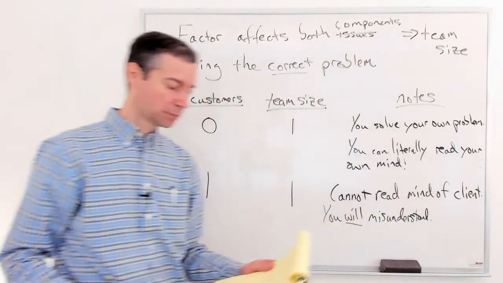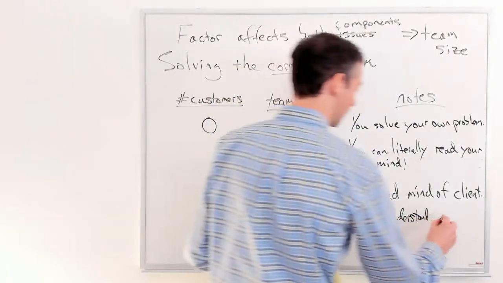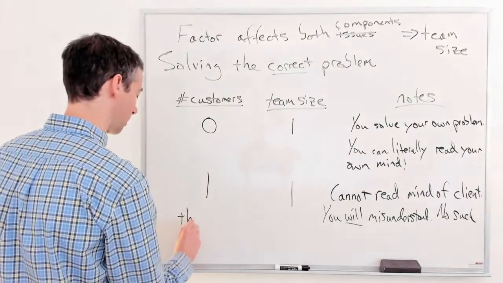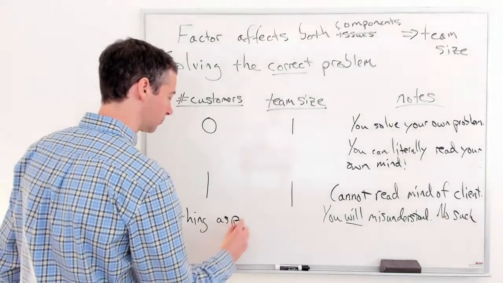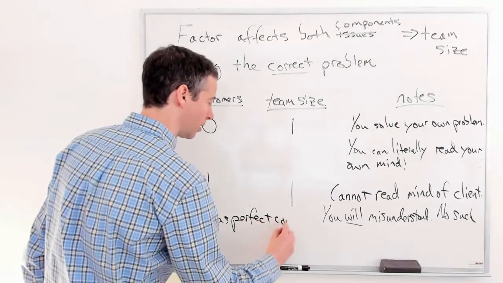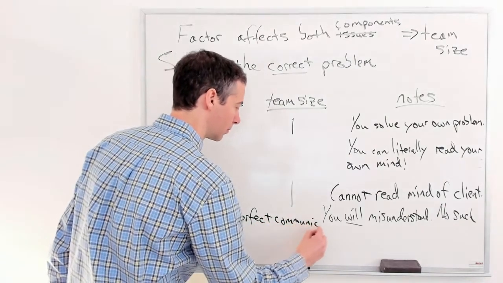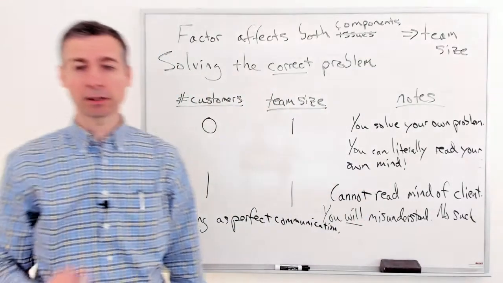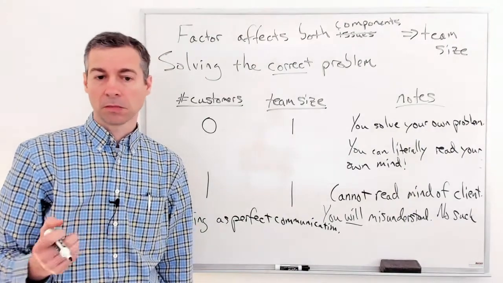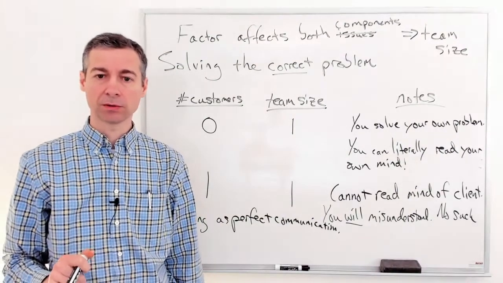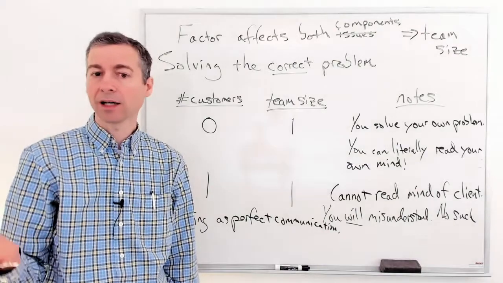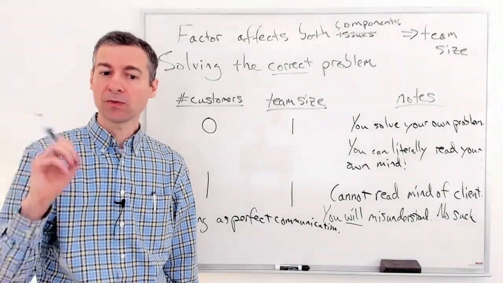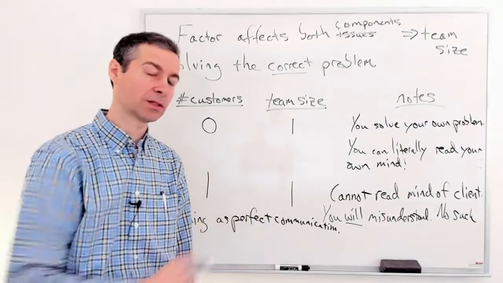Okay? Because there is no such thing as perfect communication. So if you're going to misunderstand the client or the customer, and they're going to try to explain their problem to you, that means you will not have succeeded in solving the right problem, because you'll solve a problem that you think they have, but it's not actually what their problem is.